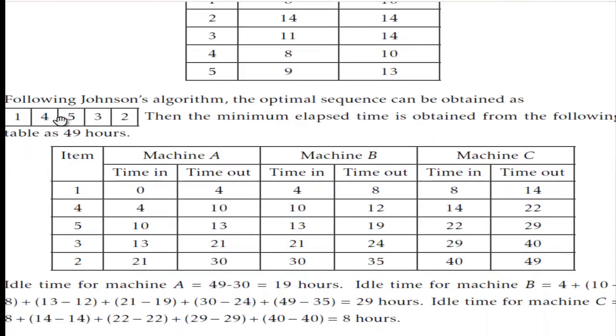When the optimum sequence is there, then apply the same sequence for machine A, machine B, and machine C. Only try to see that you don't overlap the time slot with the other machine. B has to wait for A, and C has to wait for A as well as B, and then calculate the idle time, and total time is 49 here, right?